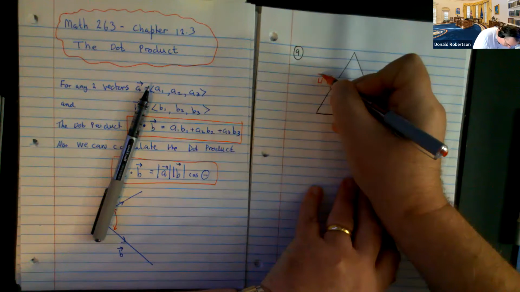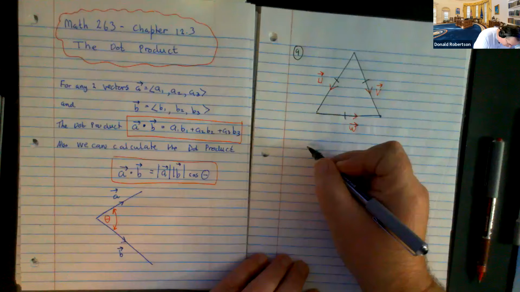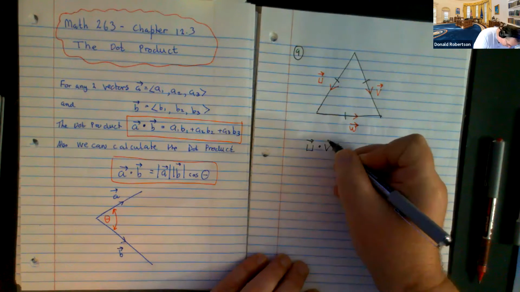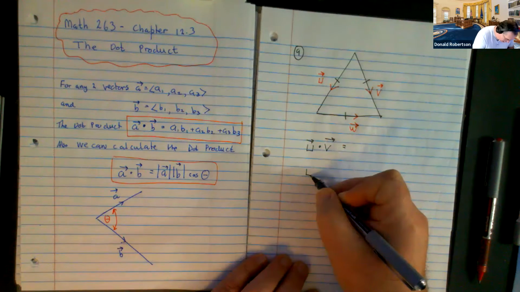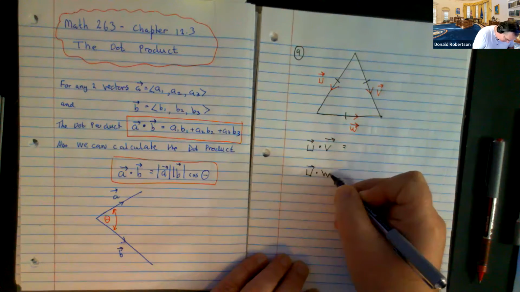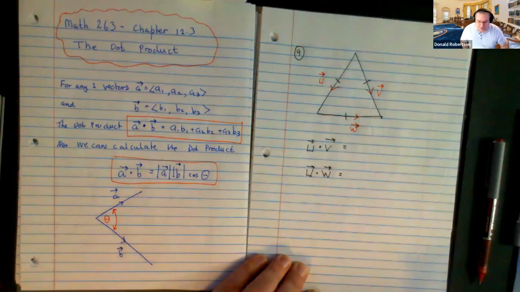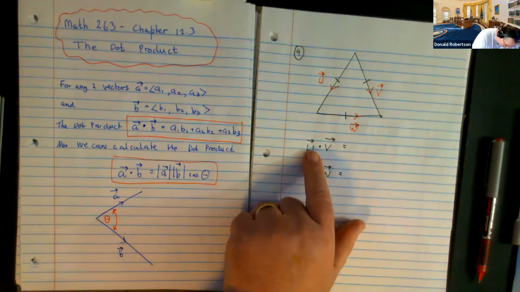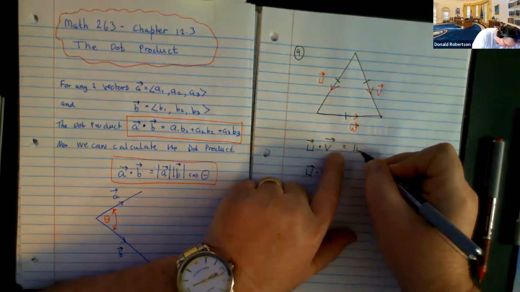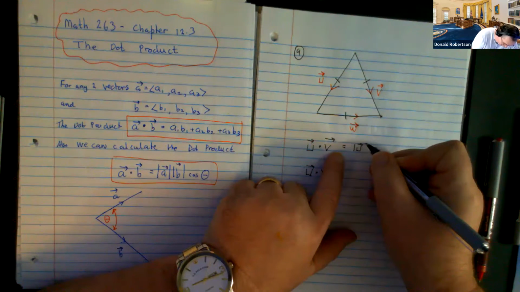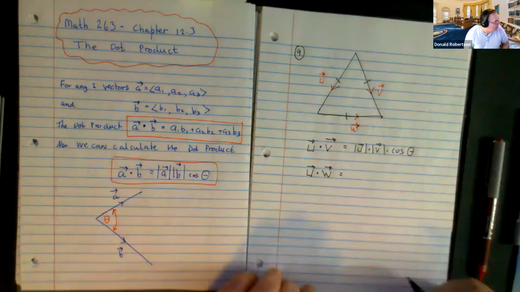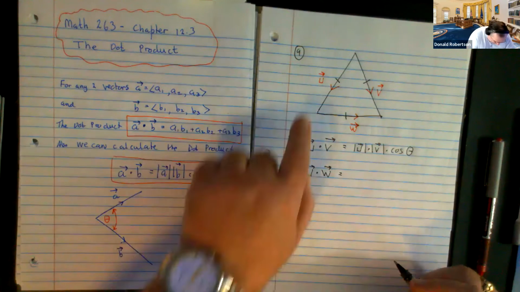And we are going to be asked two dot products. One of them is straightforward and obvious, and the other one is not what you expect it to be. Now let's do the obvious one first. It's the magnitude of u times the magnitude of v times the cosine of the angle between them. Oh, and by the way, these are all unit vectors.